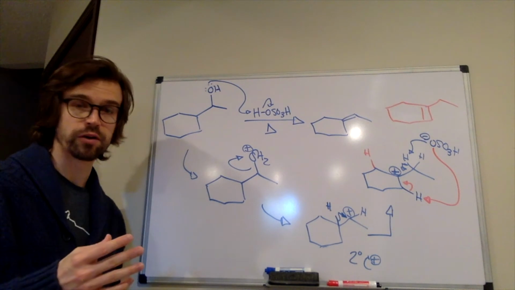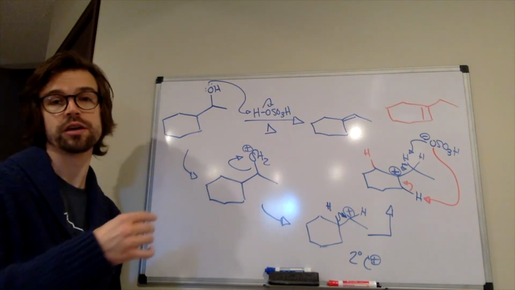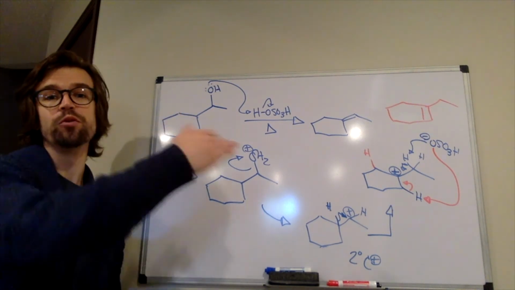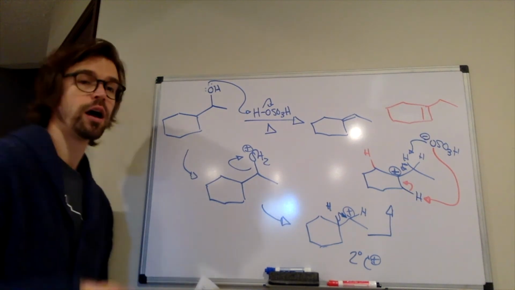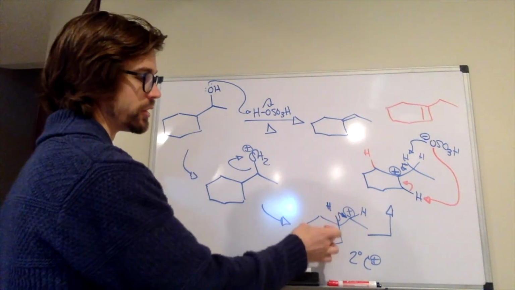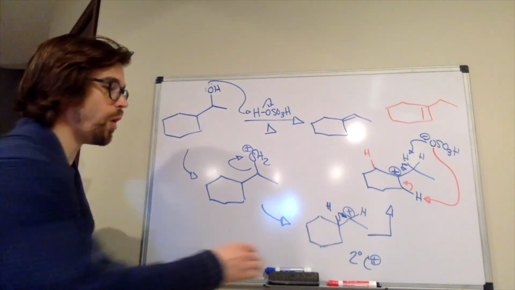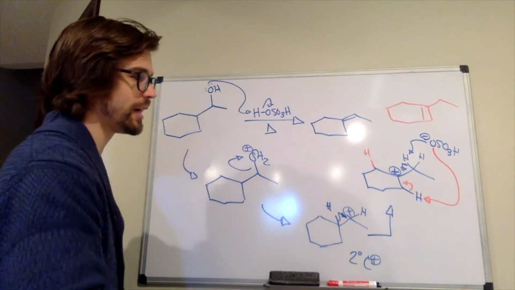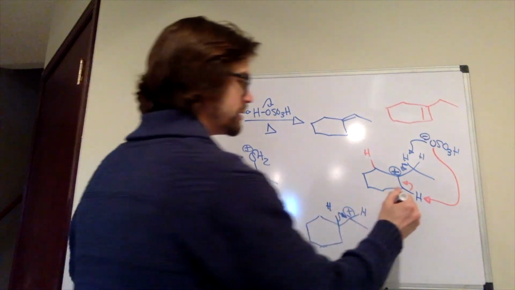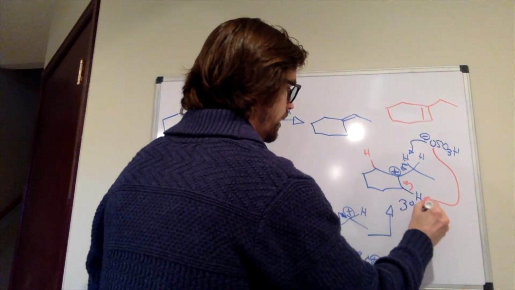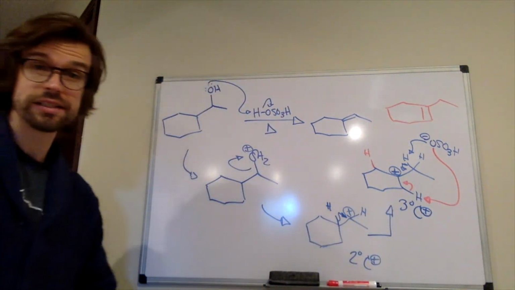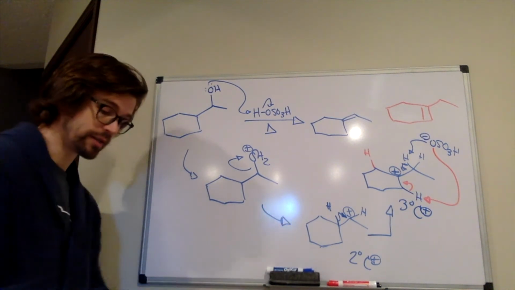So alkyl groups can rearrange. We could have a CH3 or even a carbon chain move from one location to another. But also, hydrogens can rearrange. They can pick up their electrons and move to the next carbon. Why did it do that? It did it because we had a secondary carbocation changing to a tertiary carbocation. Anytime that can happen, it's going to happen.